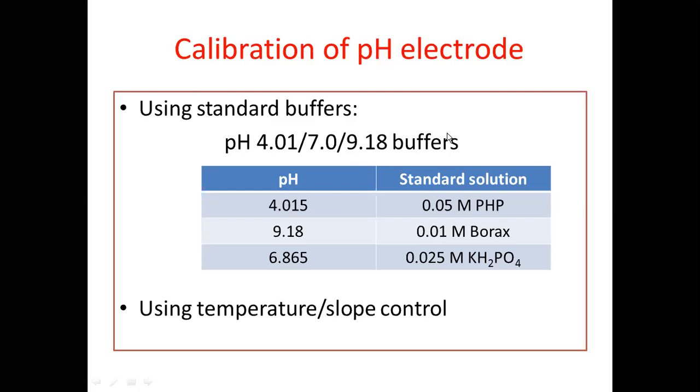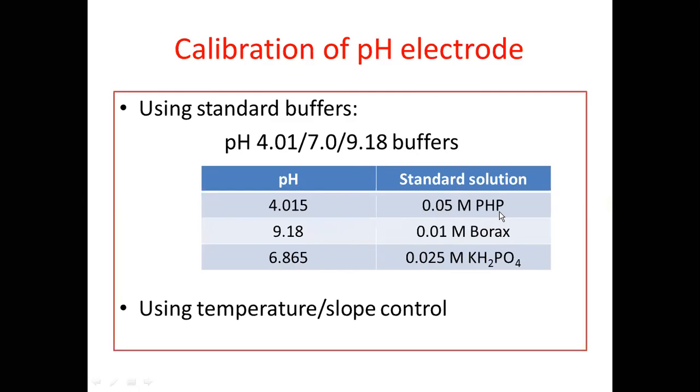You take the standard buffer. Instead of buffer, even you can use 0.05 molar PHP. That can be used as 4.015 standard, 0.01 molar borax as a 9.18 pH standard, or 0.025 molar potassium dihydrogen orthophosphate as 6.865 standard in place of 7.